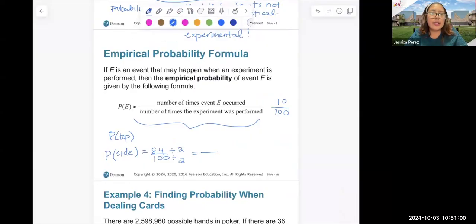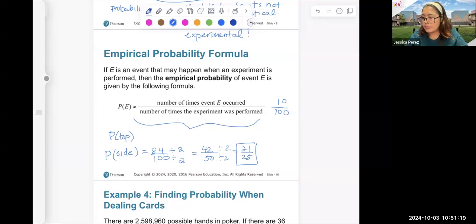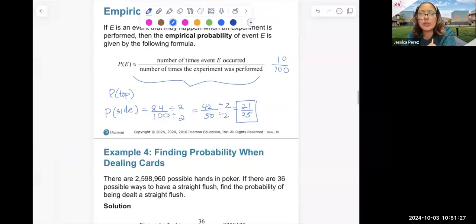So if we reduce it by 2, we get 42 over 50, but this can also be reduced by 2, 21 over 25. And 21 over 25 is my solution. Okay. So then what we have is 21 over 25. Alrighty, so let's continue.